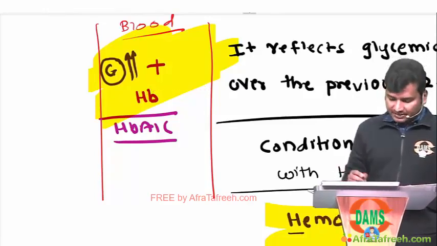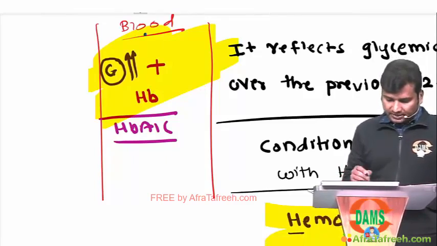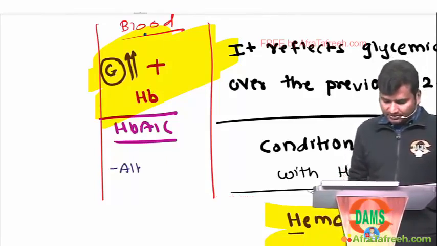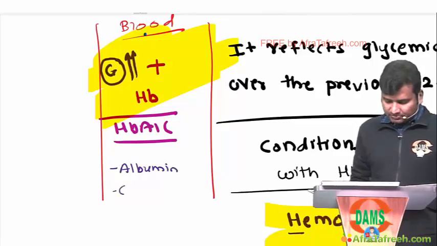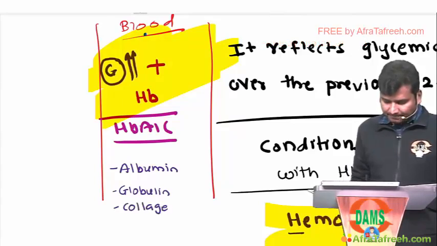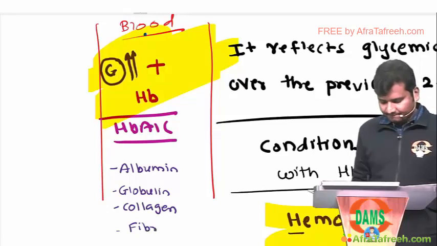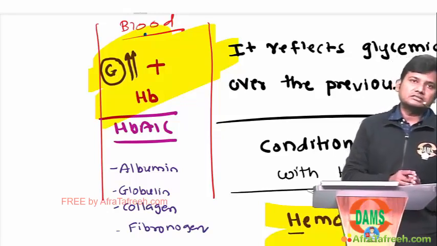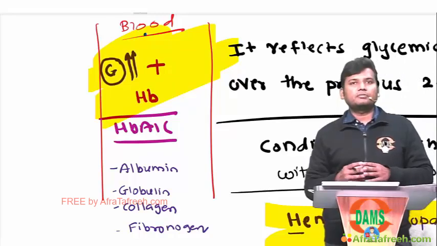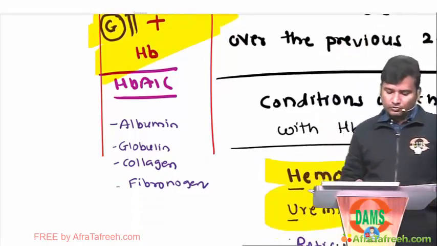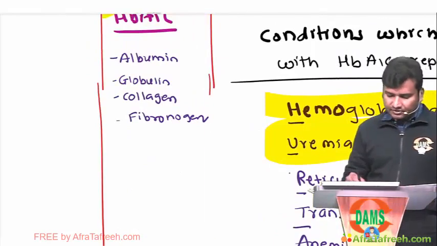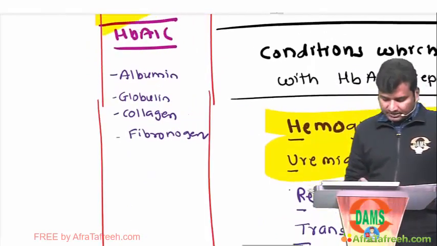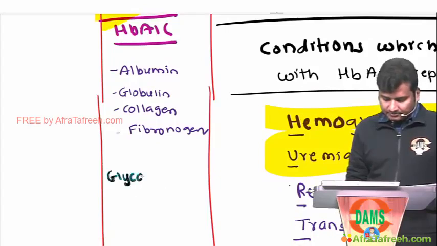It will combine with multiple types of proteins: albumin, globulin, collagen, fibrinogen. And it will form glycated products.